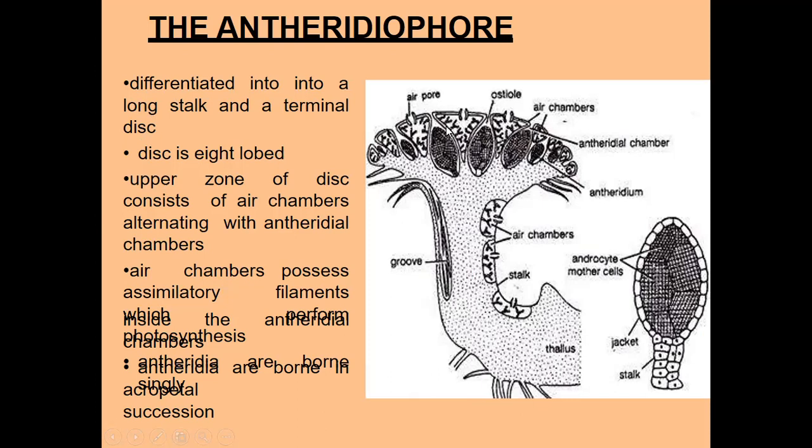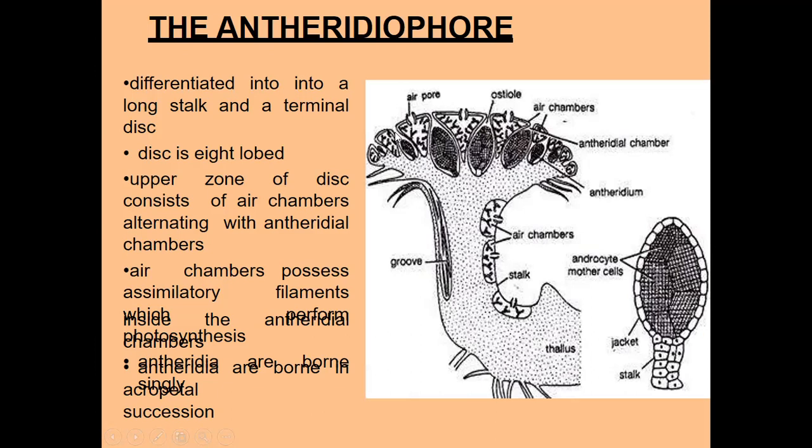One lobe is an air chamber, and it alternates with the antheridial chamber. What is this air chamber? It is an empty space of the disc which contains the assimilatory, or photosynthetic, filaments, helping in preparing food material and supplying it to the developing antheridia in the antheridial chamber.